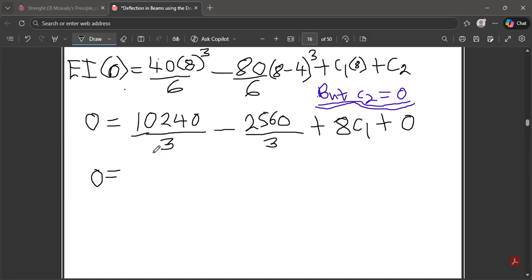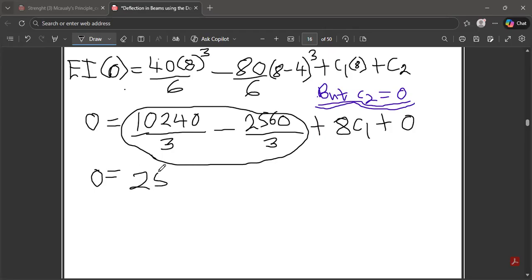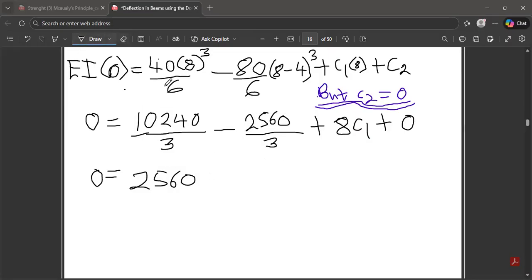So the whole of this relation, if you punch it into the calculator, you should be getting 2560, plus your 8C1.